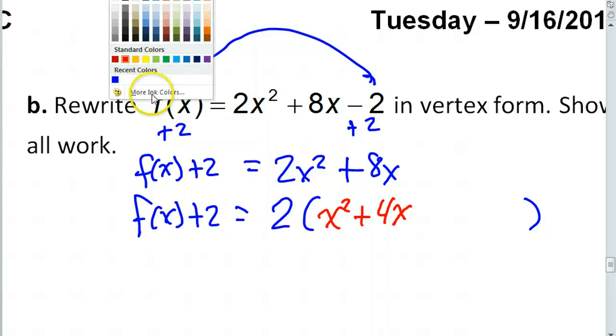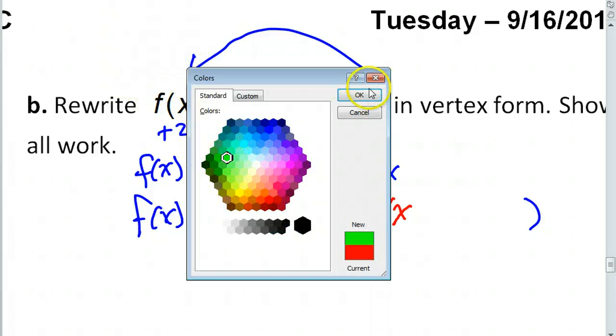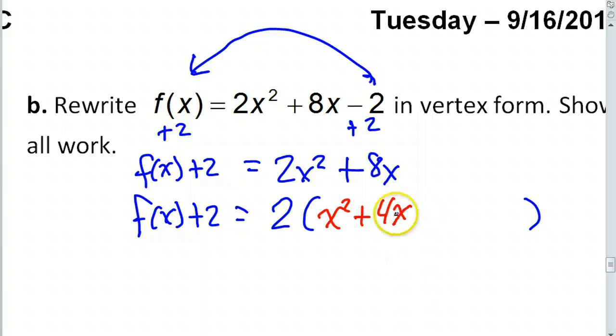Now is where we do half of the middle and we square it. Look at that 4. What's half of the middle? 2. What's 2 squared? 4. So I'm going to put a plus 4 in that space right there. Am I going to put a plus 4 on the left side to balance it out? No. Normally we have to multiply it by 2.